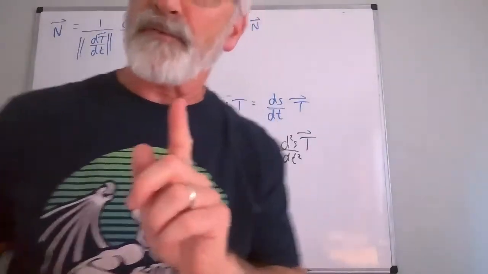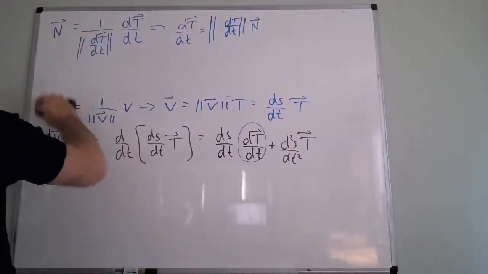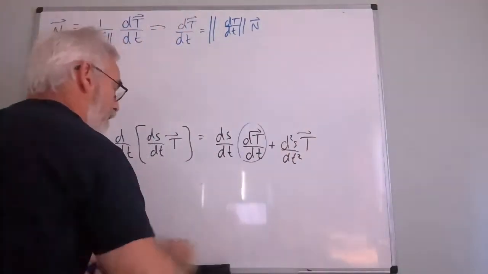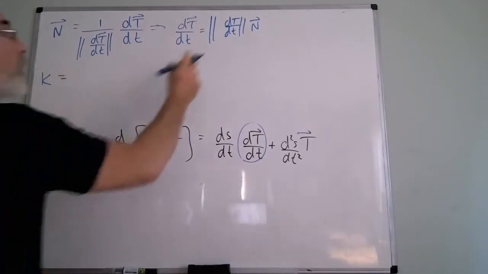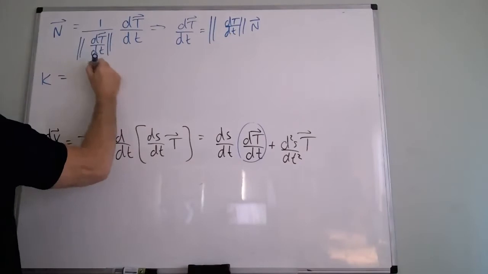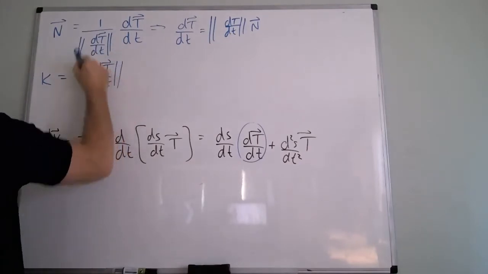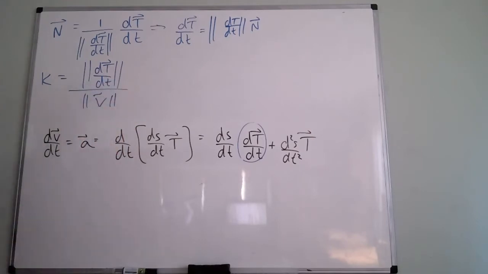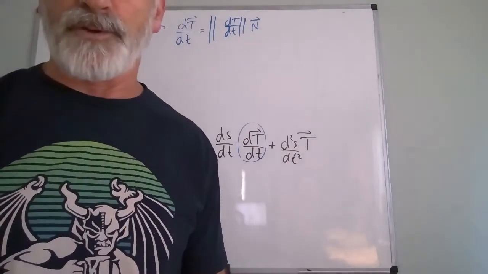Well, if you remember from curvature, let me erase this now. We figured out that curvature was this length here over the length of the velocity vector. This is something we discovered when we were doing it.